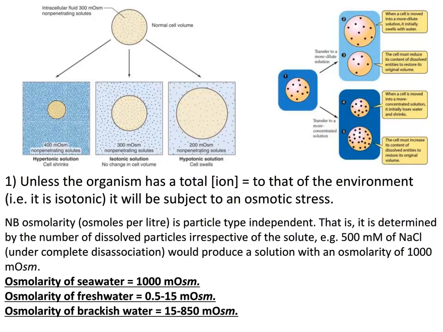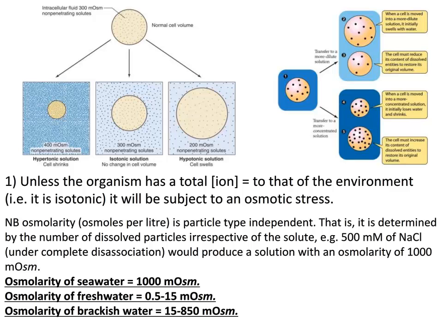There are some exceptions and we'll talk about that. The osmolarity of seawater is normally around 1000 milliosmoles. Fresh water is about 0.5 to 15 milliosmoles, and brackish water, so estuarine water, is about 15 to 850. So, in fresh water, organisms are always going to be hyperosmotic to the hypoosmotic external environment, and in seawater, organisms are normally going to be hypoosmotic to their hyperosmotic external environment.